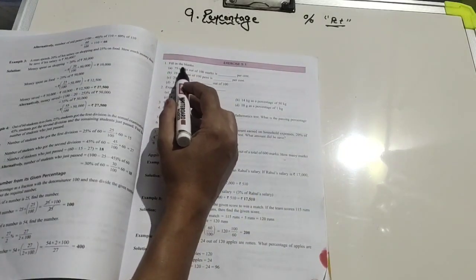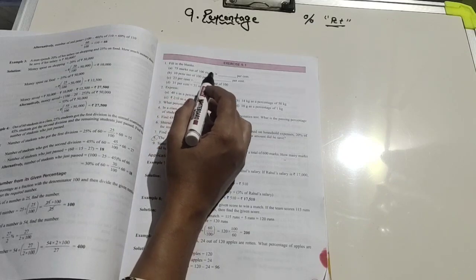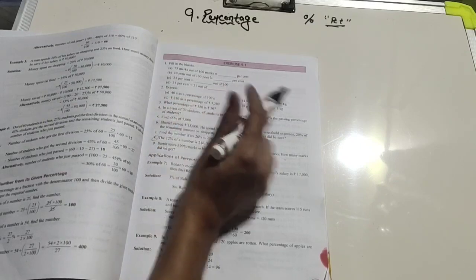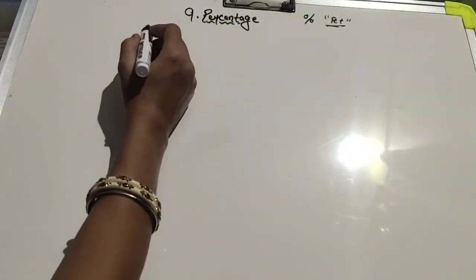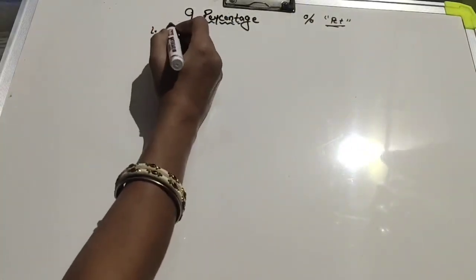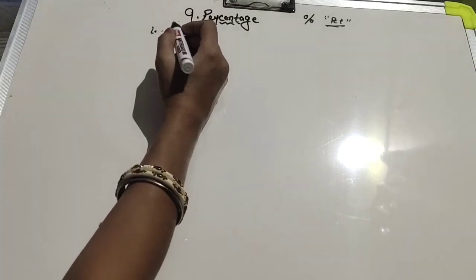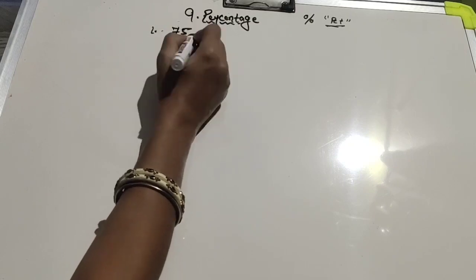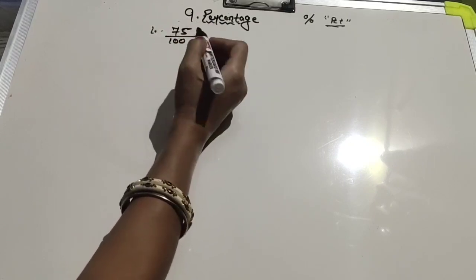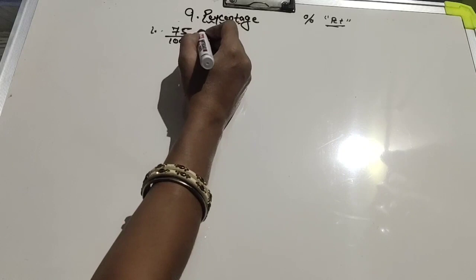Now move to exercise 9.1. Question number 1: 75 marks out of 100 marks is dash percentage. 1A, 75 marks. Suppose in your quarterly mathematics exam you got 75 marks out of 100.